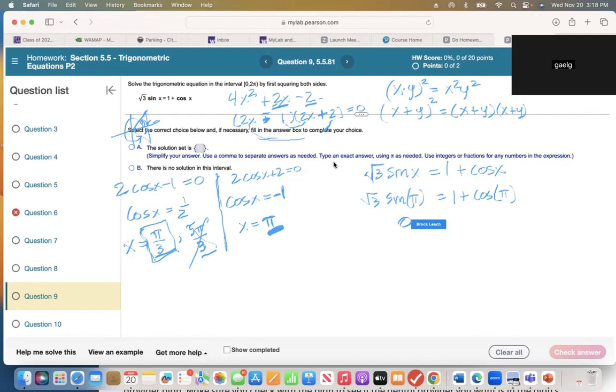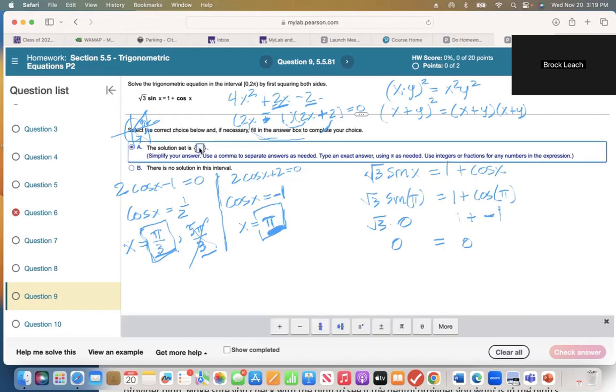So this would be 0 times root 3, which is 0. And cosine of pi is negative 1, and negative 1 plus 1 is 0. So pi worked. So we have pi over 3 and pi appear to be the two solutions that worked.